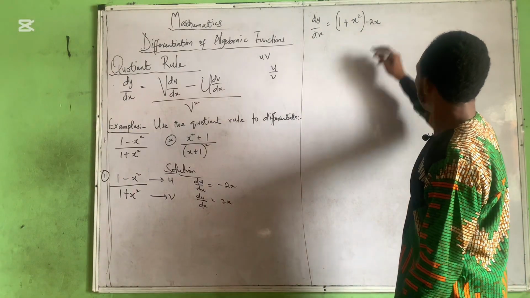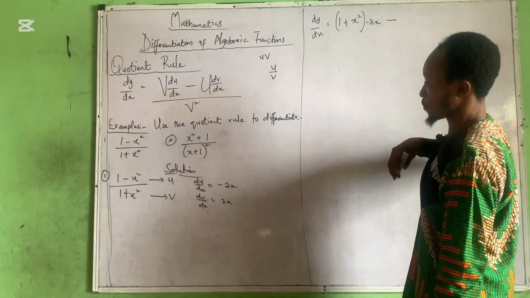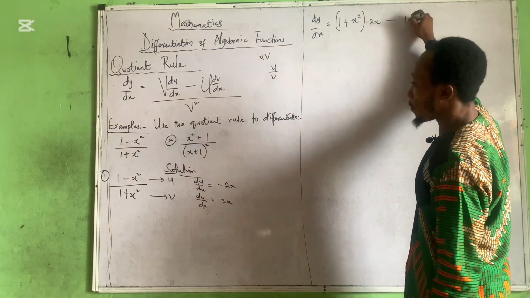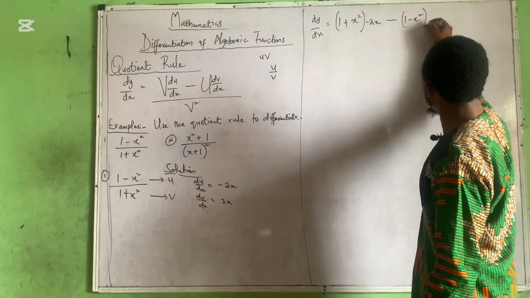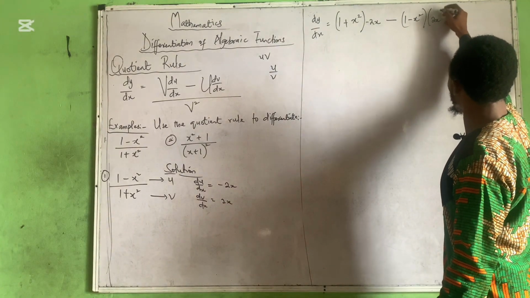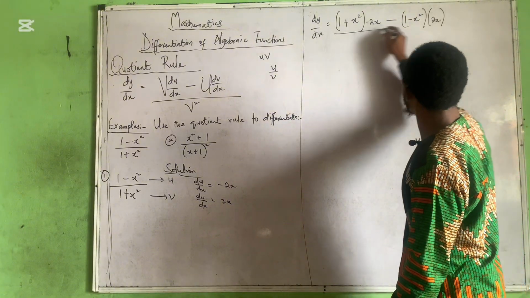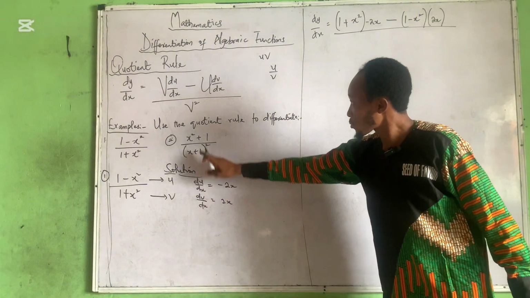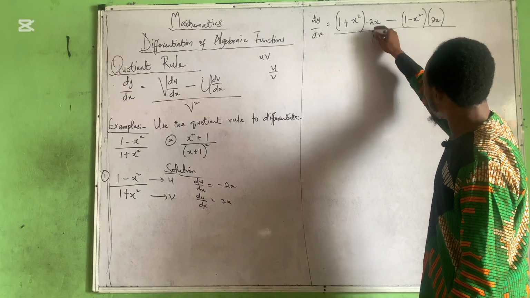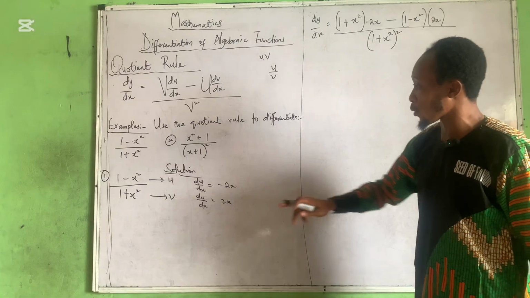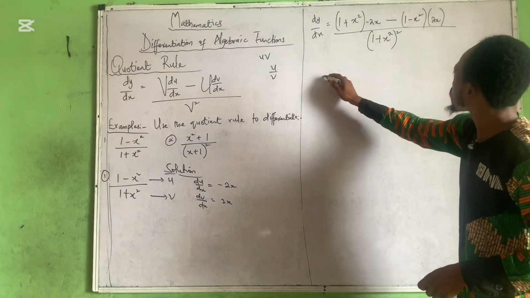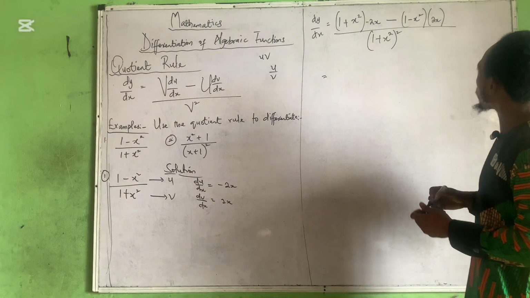Then minus our u, which is 1 minus x squared, times our dv/dx, which is plus 2x. Everything over v squared. Our v is 1 plus x squared, so everything over (1 plus x squared) all squared. Now the next thing to do is to find what is common.